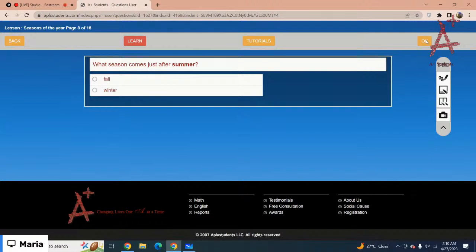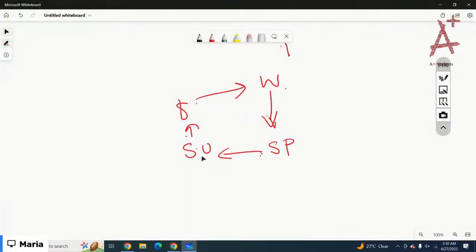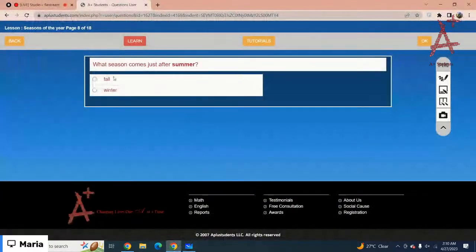After the summer, it is fall. You can see the cycle. Here you have summer, and right after the summer, you have fall. So the correct option is fall.